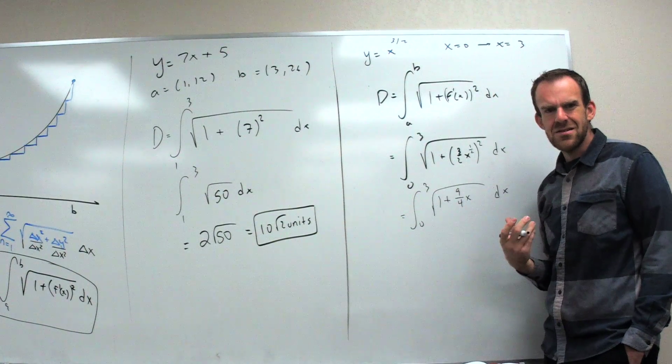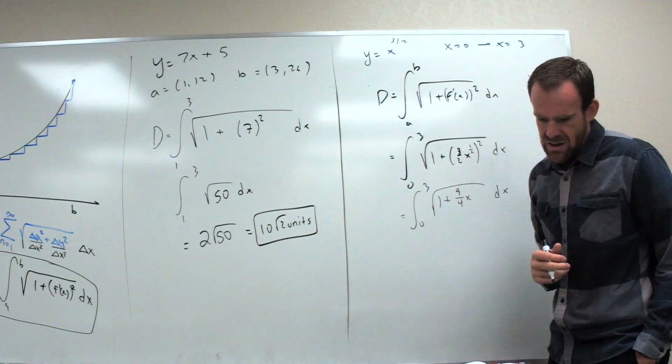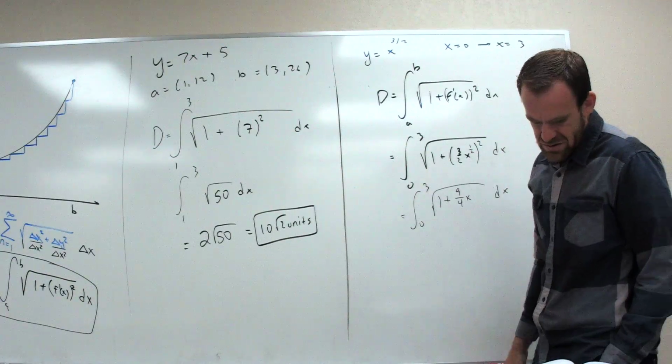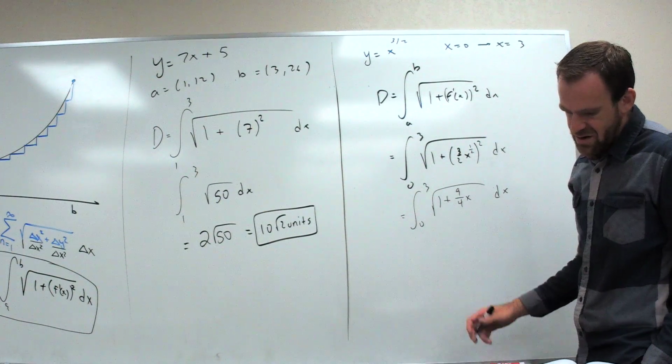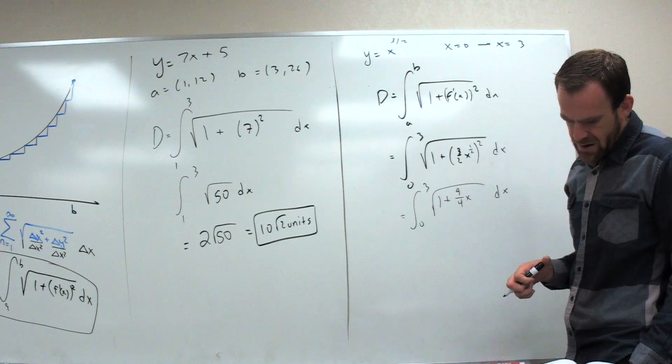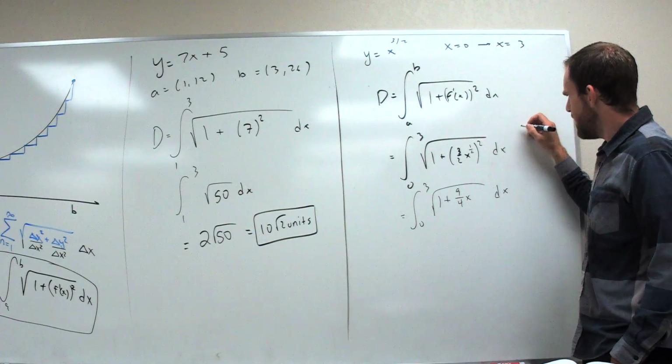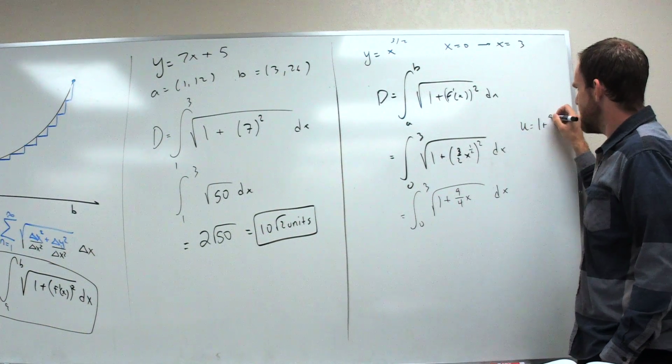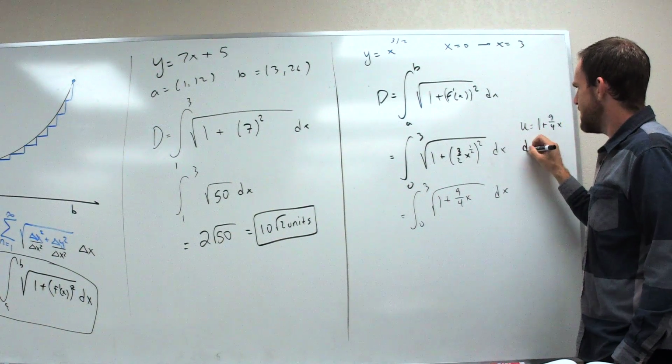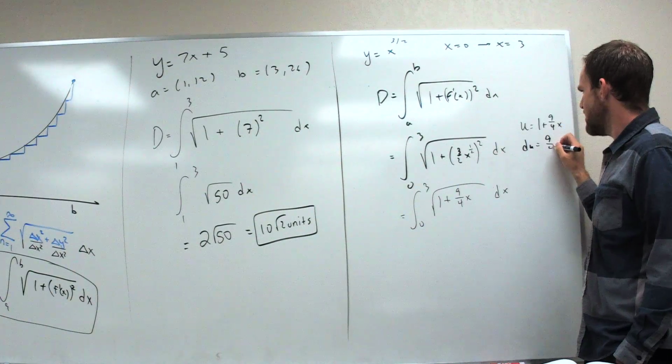From here, that looks a little wonky, but it's not an integral that we can't do. We'll do u substitution, the square root of u. So let's just do that. u is 1 plus 9/4 x. du is 9/4 dx.